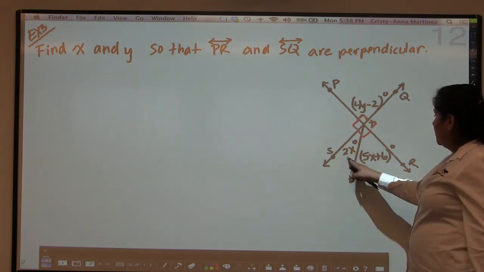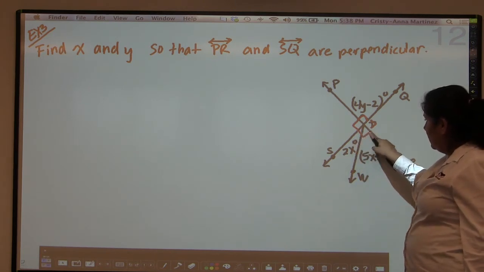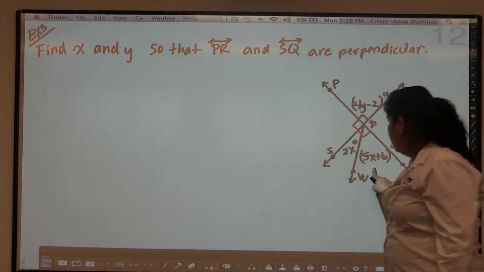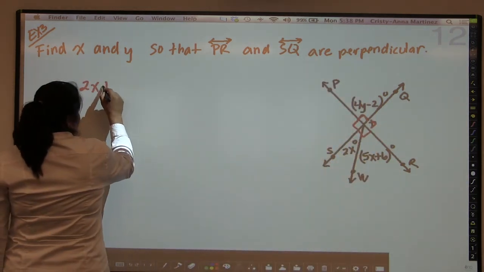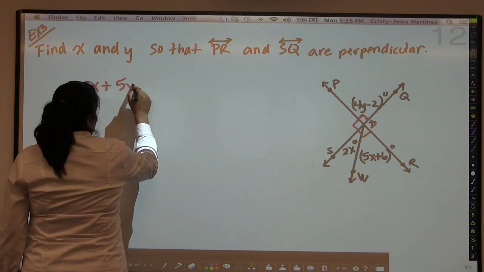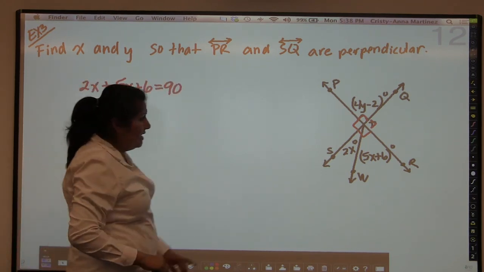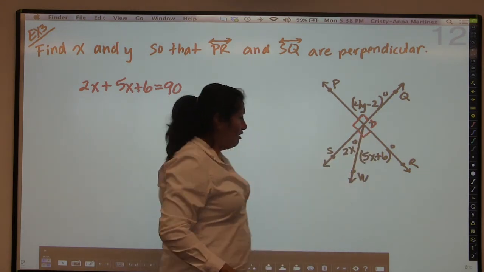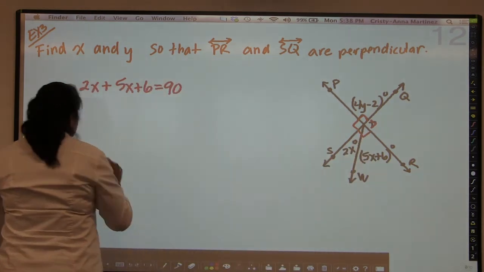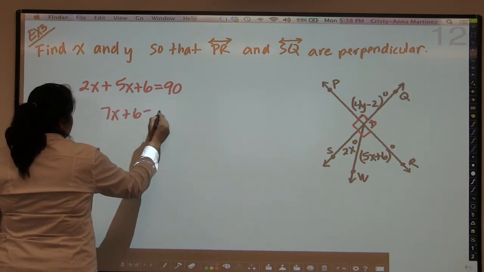So I'm going to start with this bottom because I have to add those two together to equal 90, and they both have the x variables. So we're going to say 2x plus 5x plus 6 should equal 90. And again, I hope you understand that's because these two adjacent angles should add up to 90. They are complementary based on the diagram. 2x plus 5x is 7x.